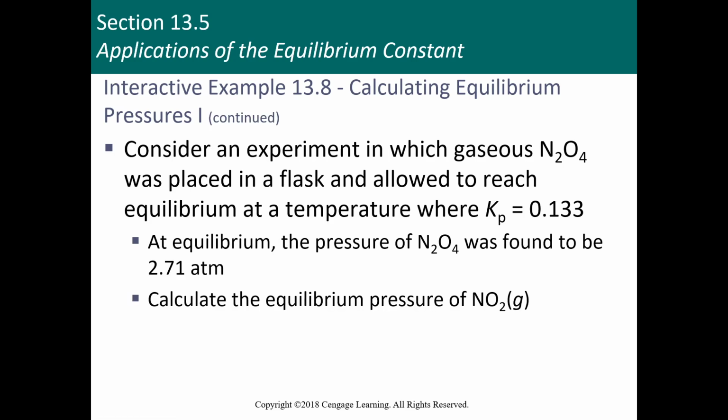Let's consider an experiment in which gaseous N2O4 was placed in a flask, and we allowed this to reach equilibrium at a temperature where the Kp equals 0.133. At equilibrium, the pressure of N2O4 was found to be 2.71 atmospheres. Calculate the equilibrium pressure of NO2.